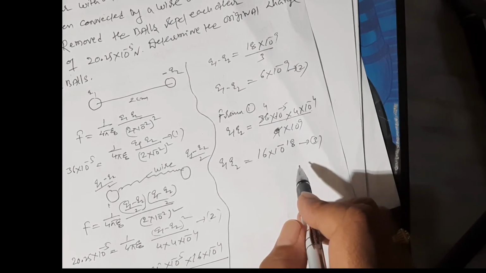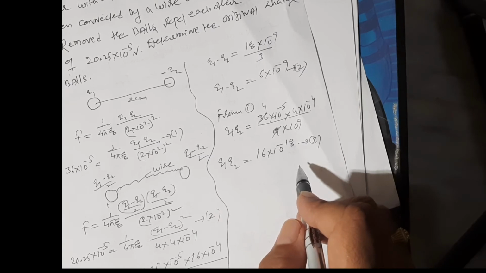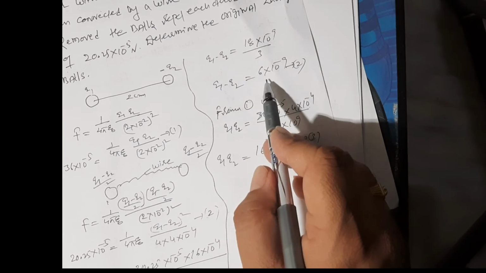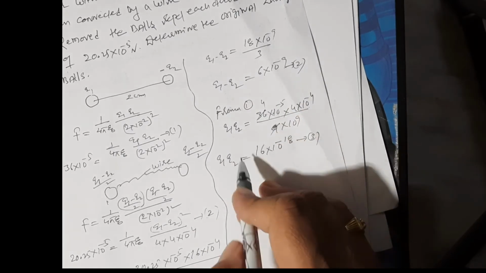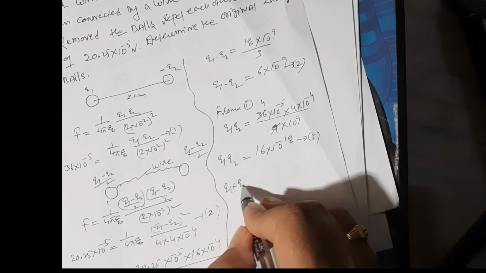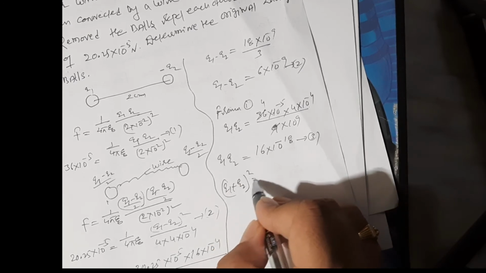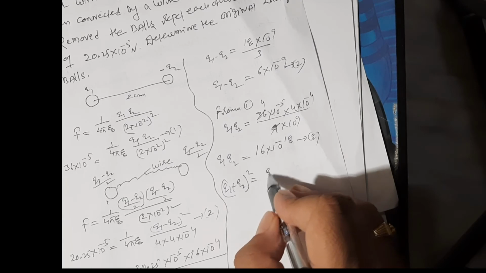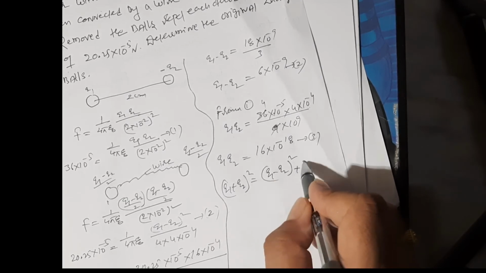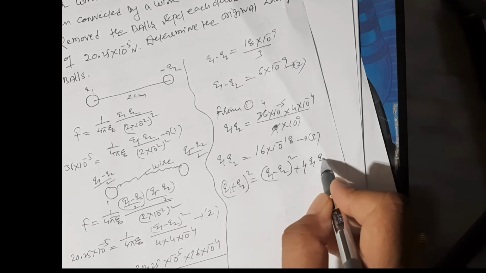Right. We already found q1 minus q2 is equal to 6 into 10 to the power of minus 9, and q1 q2. We know there is a mathematical formula: q1 plus q2 whole square is equal to q1 minus q2 whole square plus 4 q1 q2.